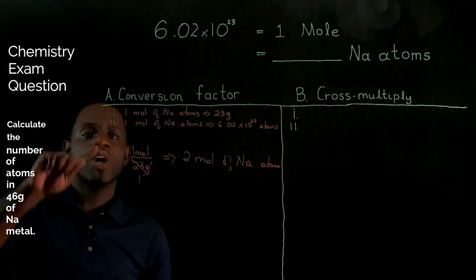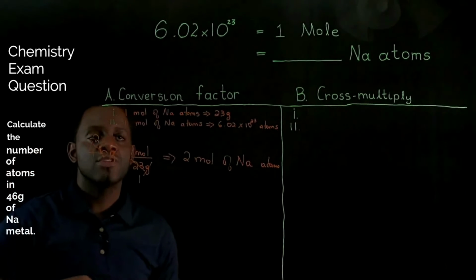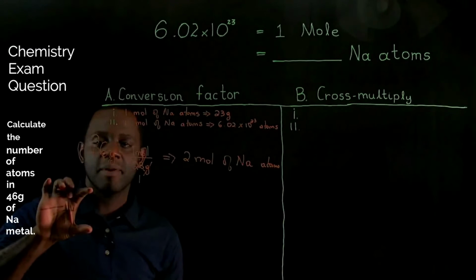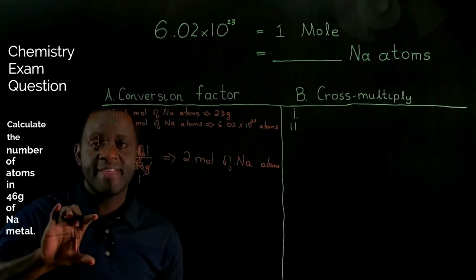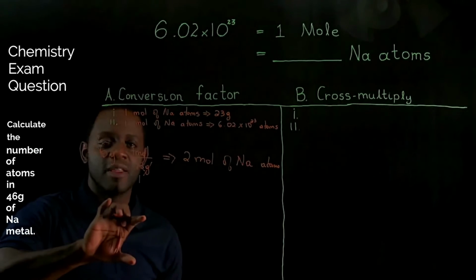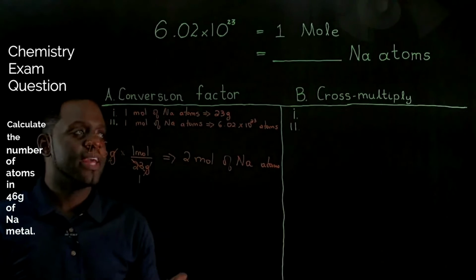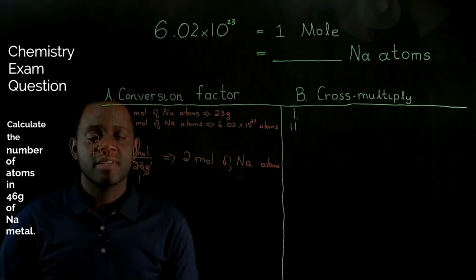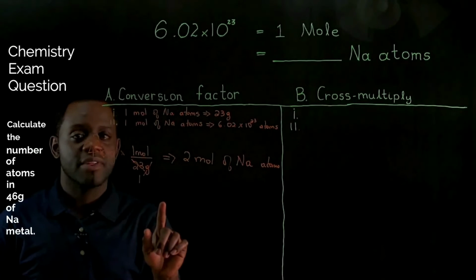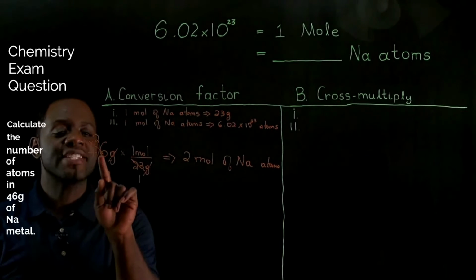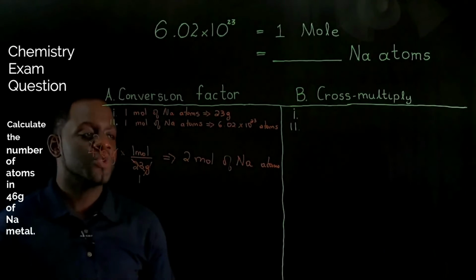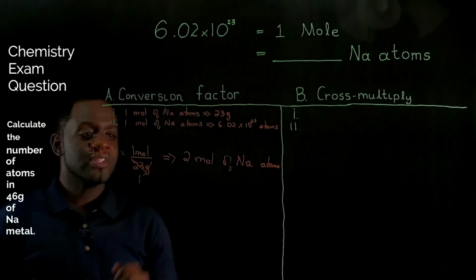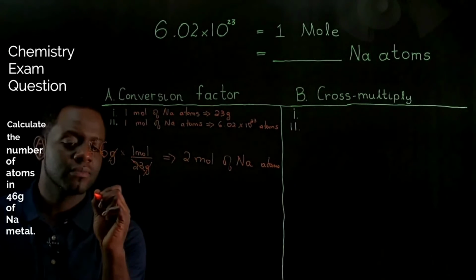Now, let's use our second statement to make some mathematical moves that are simple and easy to follow and will enable us to get the answer that we're looking for, which is the amount of atoms there are in 46 grams of sodium. So we start with our 2 moles.